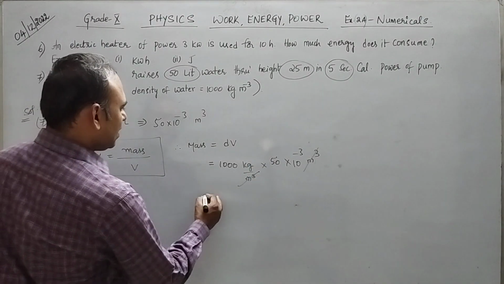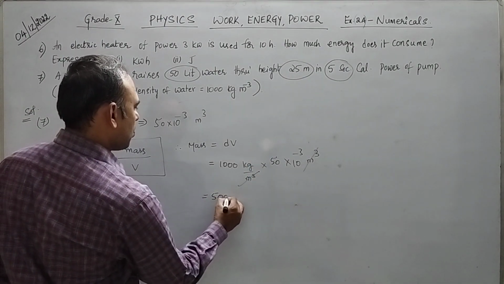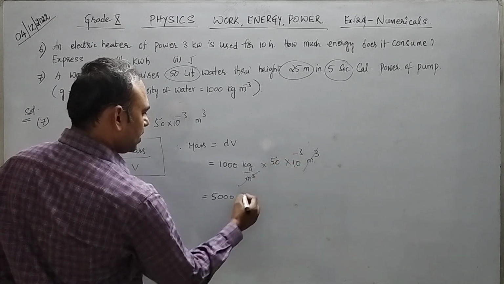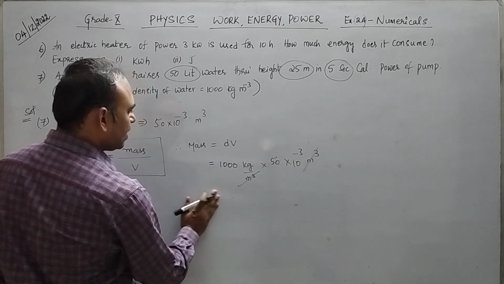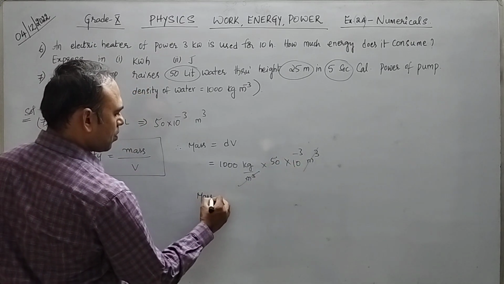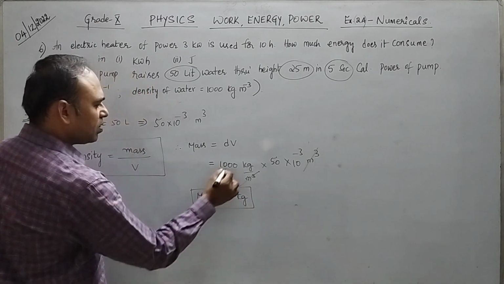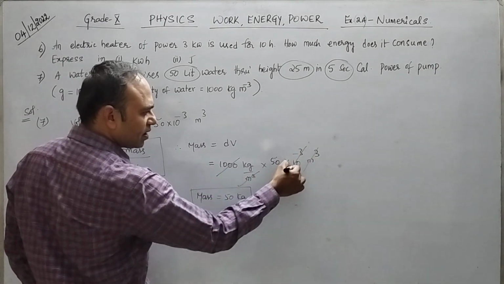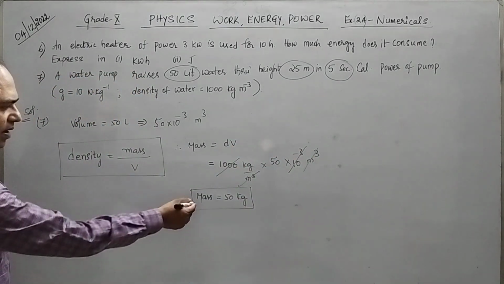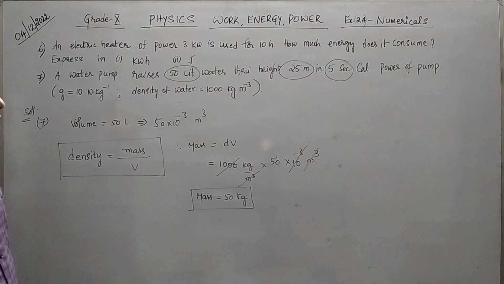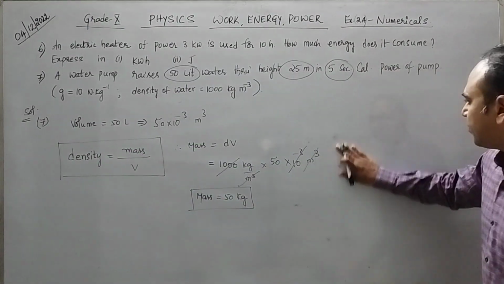So straight away we can get the mass as 50 kgs. This 10 power 3 and this 10 power minus 3 get cancelled, you will get mass as 50 kgs. Now let us calculate what is power.